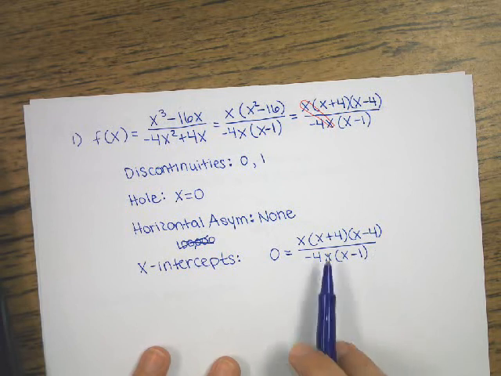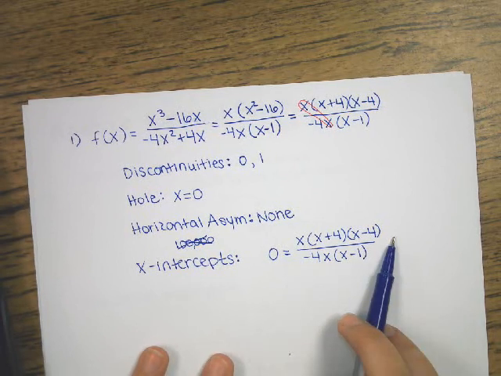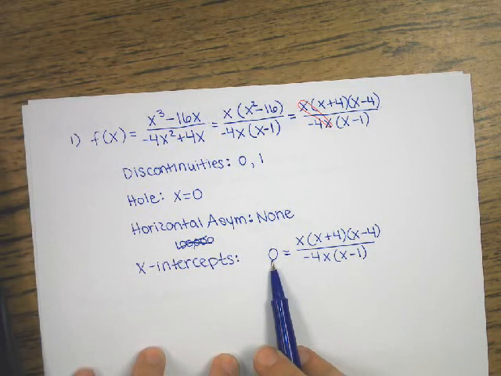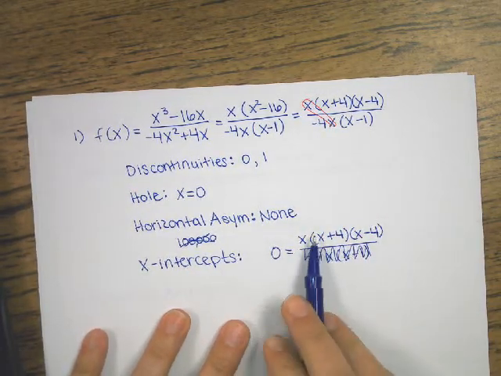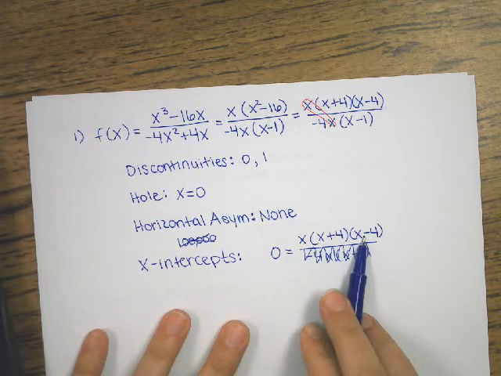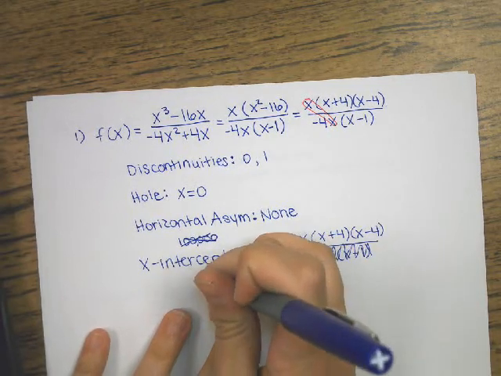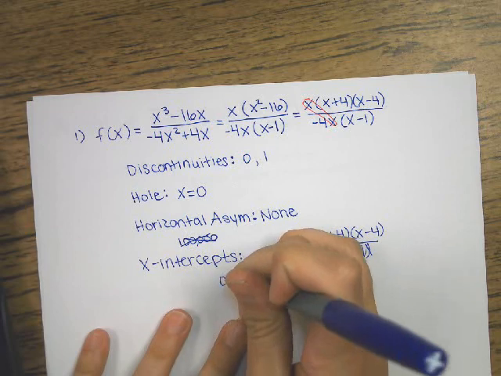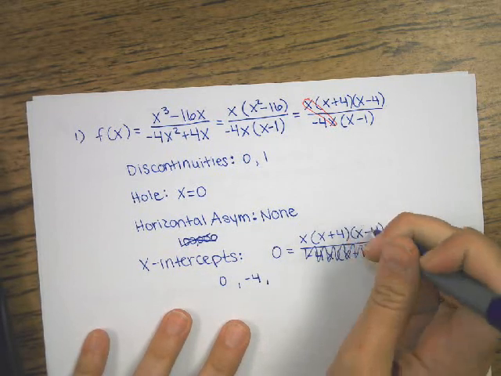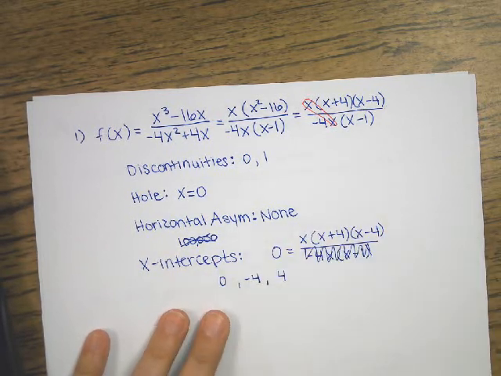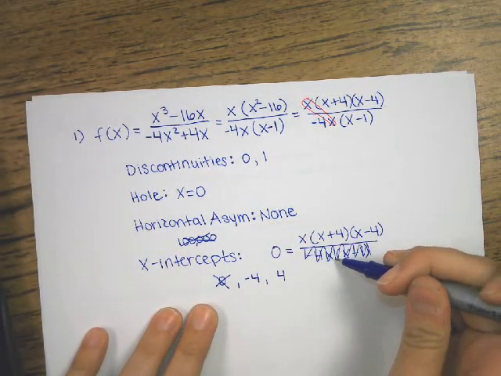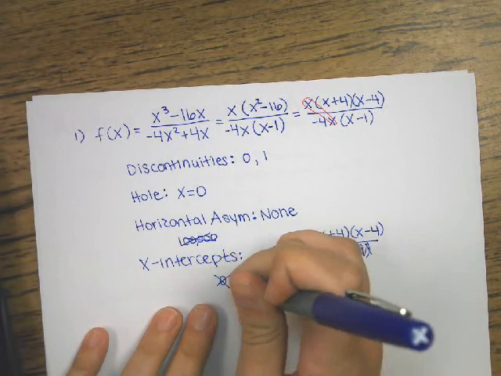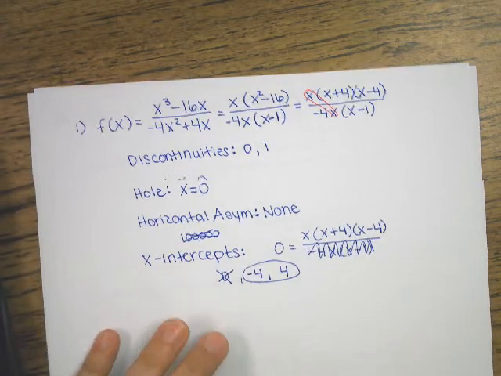Well, the bottom can't be 0, but the top has to be 0 in order for this to be equal to 0. So we're really ignoring the bottom. And the numbers that make this top 0 are 0, negative 4, and 4. Now, the one of these that's a problem is 0, because it would also make the denominator 0. So we only have two x-intercepts, negative 4 and 4.